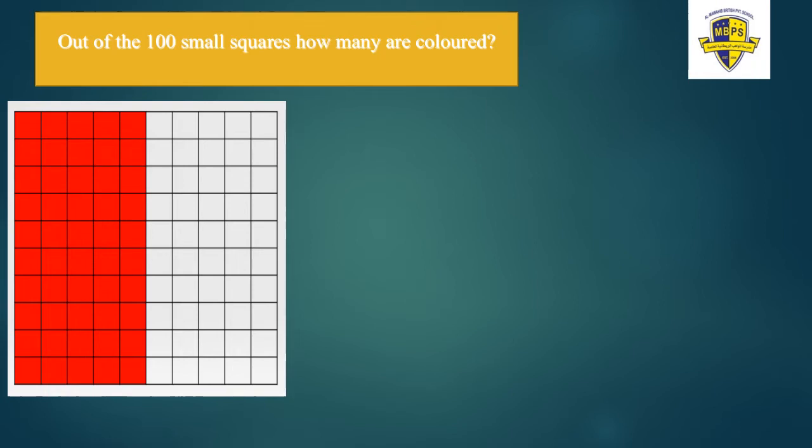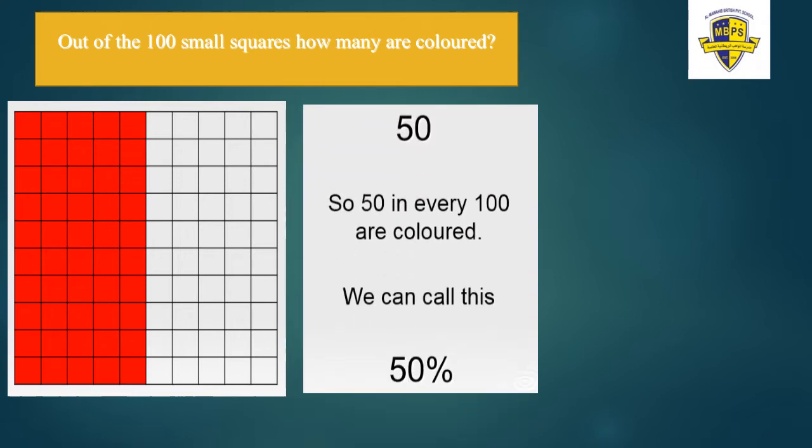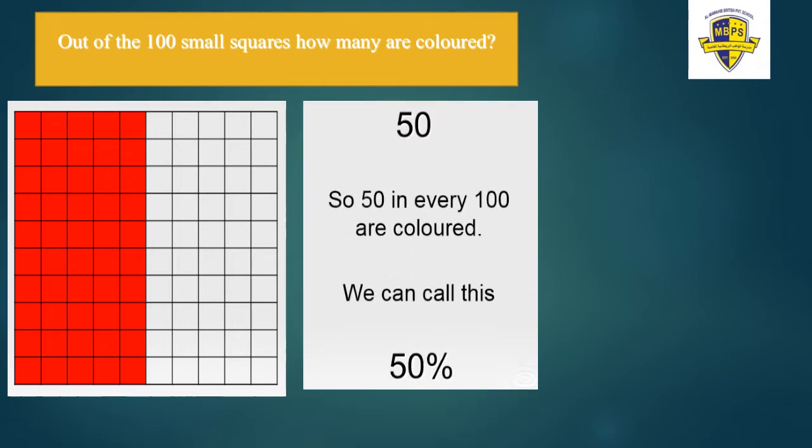So here we say the percentage is 50 out of 100. 50 out of 100, this is as a fraction. As percent, we write 50 and beside it the percent sign.